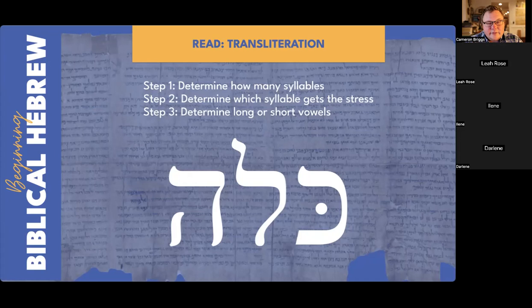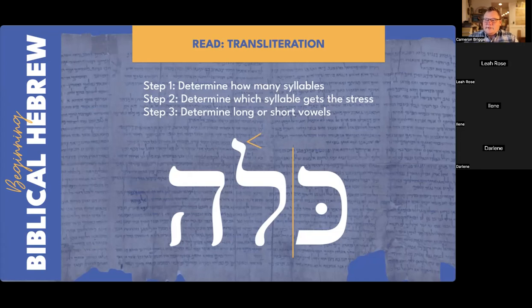How many syllables is this? Ka, la. Two. It's the same as our previous one. We're going to split that word up right there, and determine which syllable gets the stress. Kala. It's that second syllable.